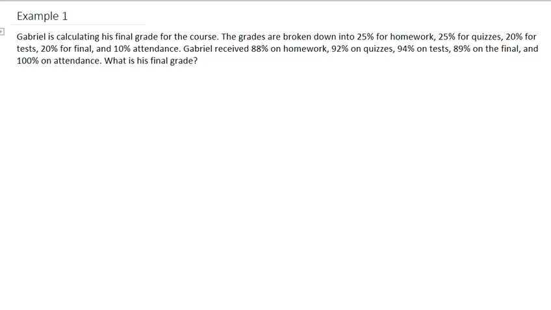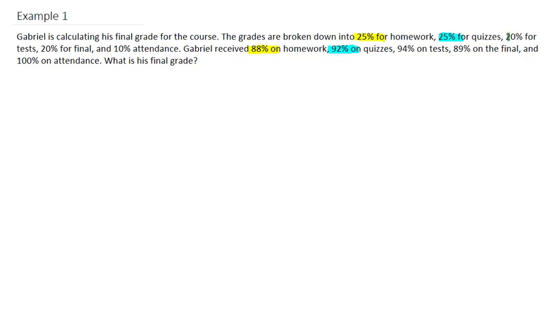So you can see that he has different weights for each category and received different grades. So let's go ahead and calculate his final grade based upon all this. We have 25% for homework, which he received an 88%. For the quizzes, it's 25% of the total, which he received a 92%.